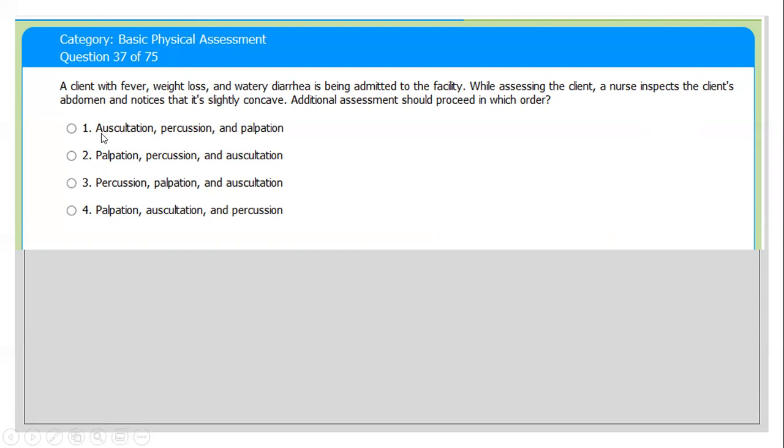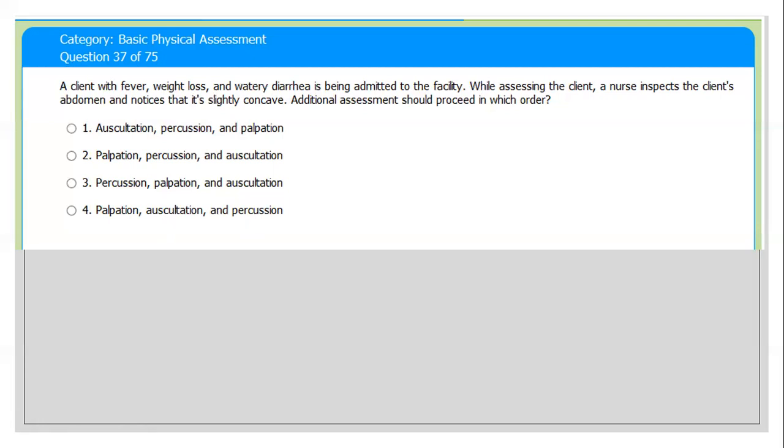Number one, auscultation, percussion, and palpation. Number two, palpation, percussion, auscultation. Number three, percussion, palpation, auscultation. Number four, palpation, auscultation, and percussion.